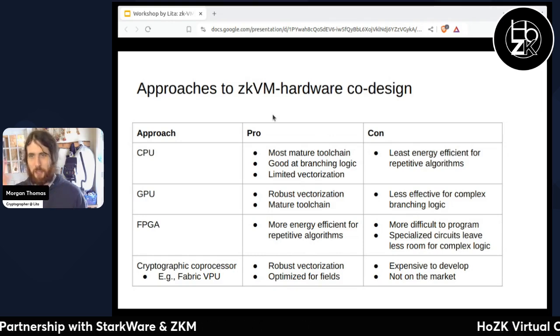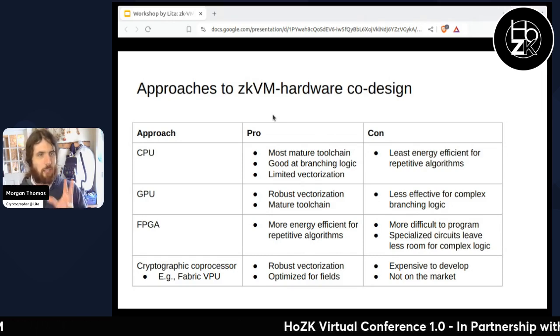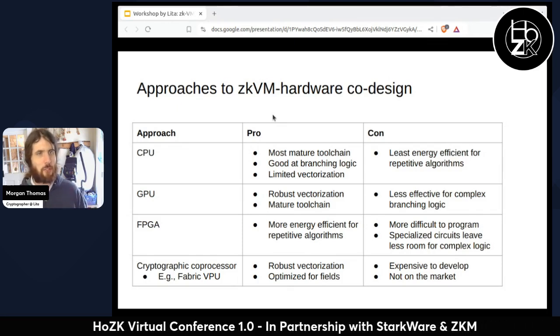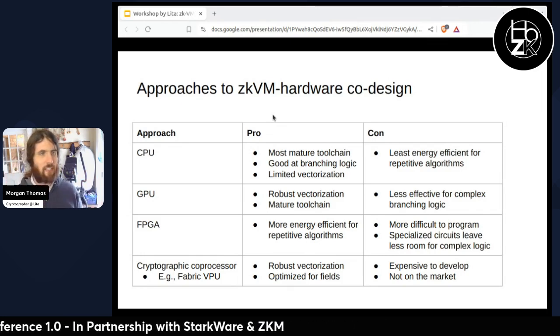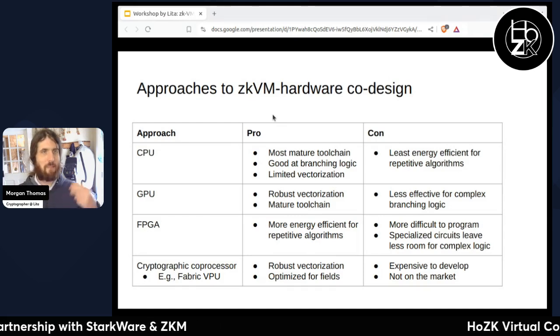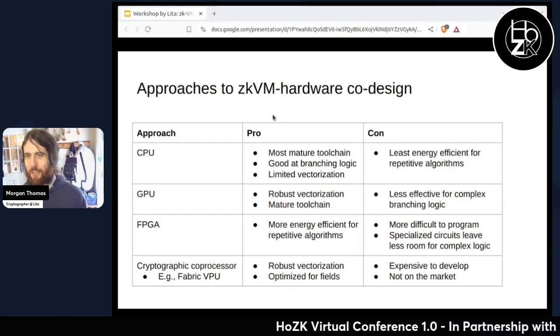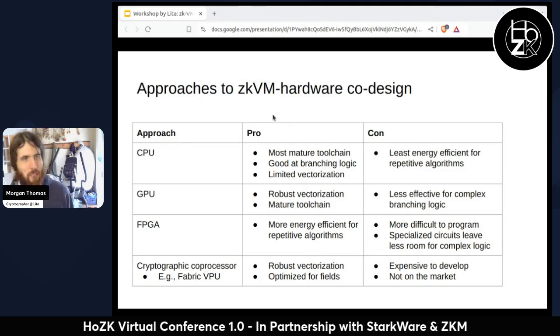That's CPUs. Now GPUs. Modern general-purpose GPUs are essentially machines for doing linear algebra. They are good at working with vectors and matrices. They have SIMD like CPUs do, but they take it to a whole different level. The tooling for programming GPUs is pretty mature as well.